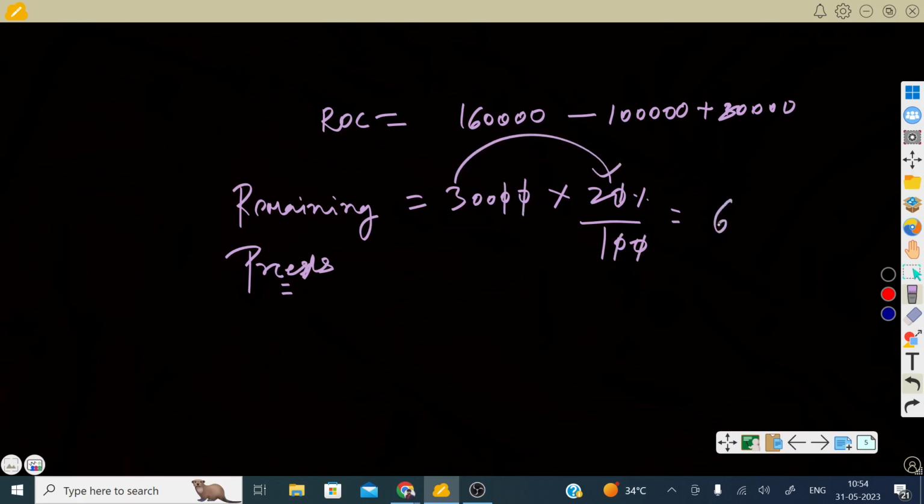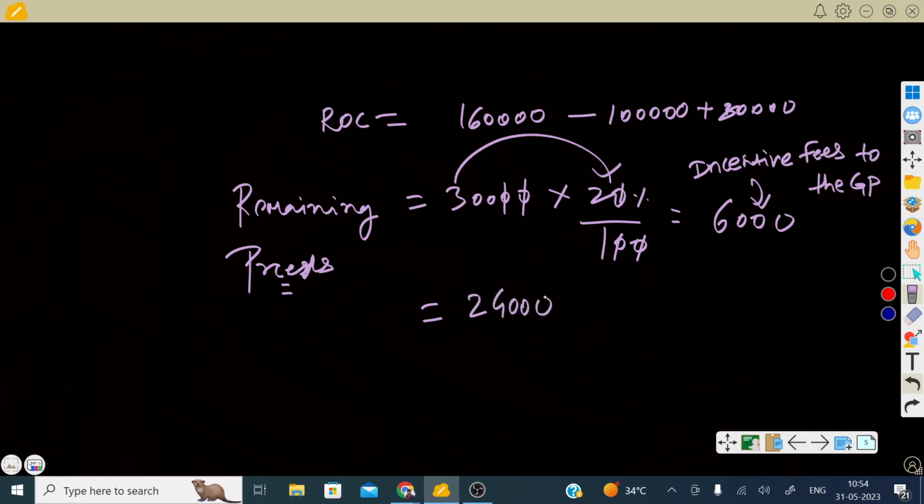That becomes 6,000, right? So this becomes your incentive fee to the GP, general partners. Then the net investment, and here you can announce the split. That becomes your carried interest.